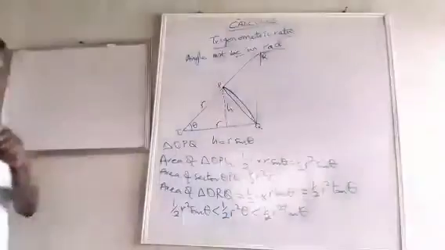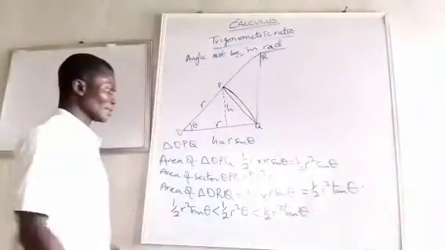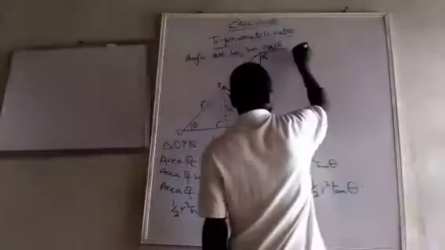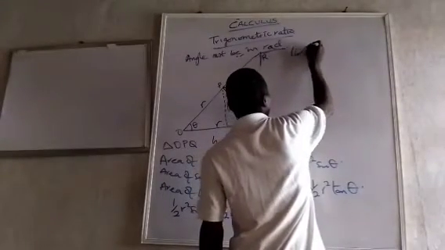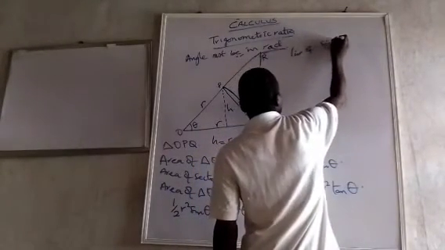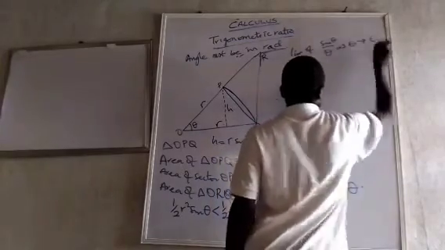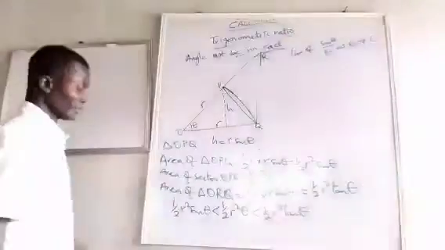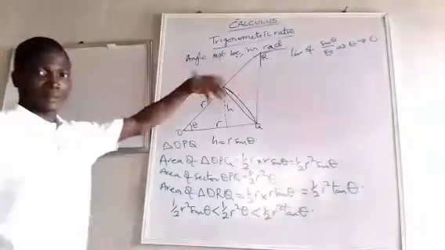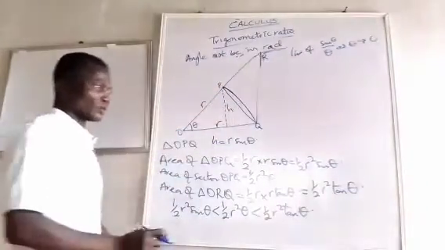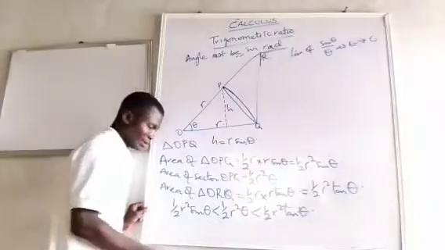If you are trying to find something, that is the limit of sin theta over theta as theta tends to 0. That's what we are trying to find. We have done that for when x tends to 0 in expressions of x polynomials.